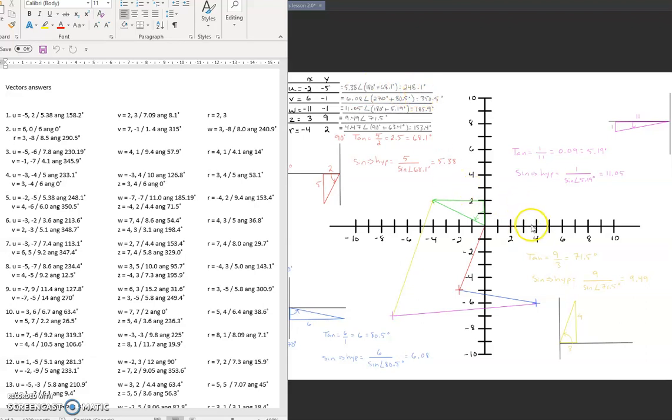What that means is from x, it has rotated past 90, past 180, to 248, which makes sense because this is 270 right here, so you're just short of that.